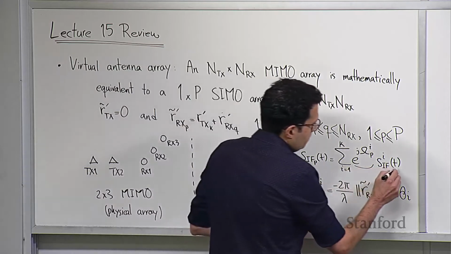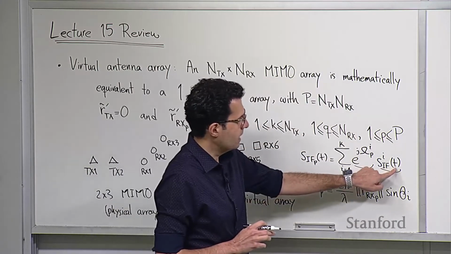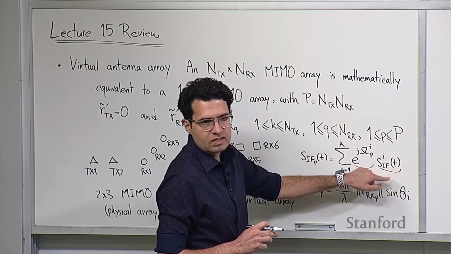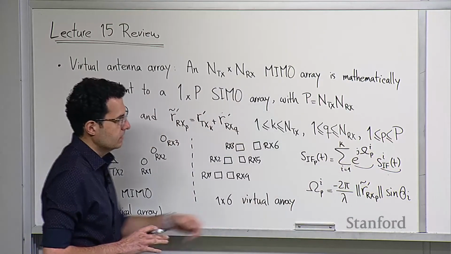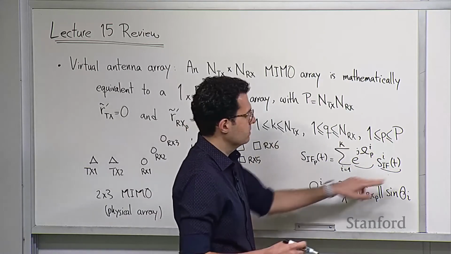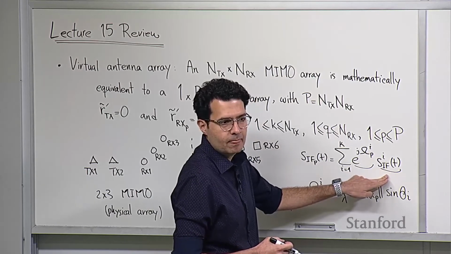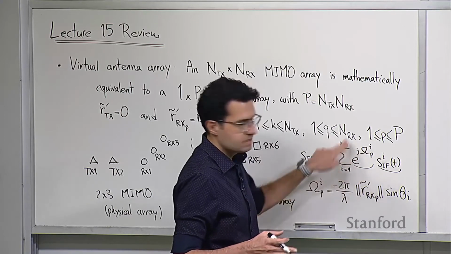And then there's the temporal part, which is the psi_i of t. And as you see, it has time dependence, but it does not have p dependence. So it doesn't matter which virtual antenna you look at, the temporal part of the waveform they receive is the same. The part that is different between different receive antennas is this spatial part.